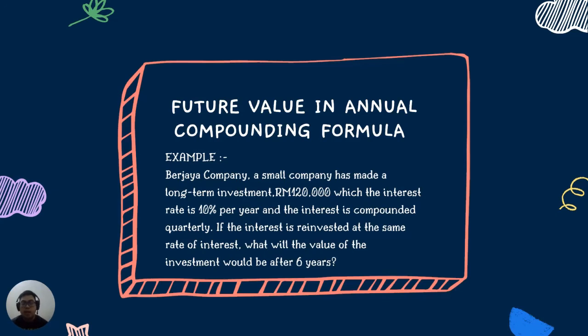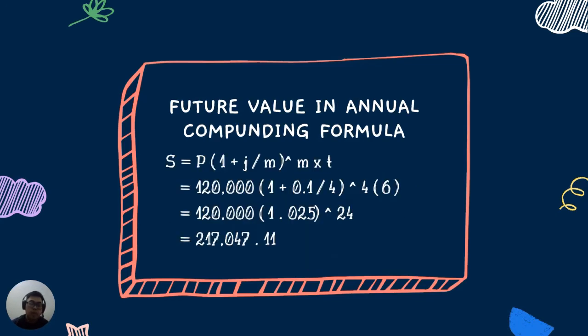The interest is compounded quarterly, so M equals 4, because it was calculated 4 times per annum. If the interest is reinvested at the same rate of interest, what will the value of the investment be after 6 years? You want us to find what the amount will be after 6 years.